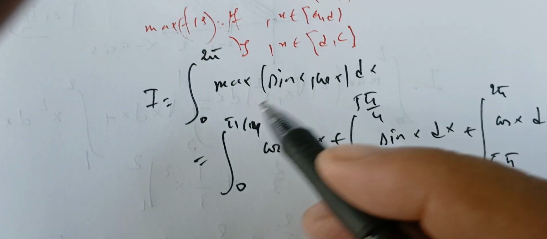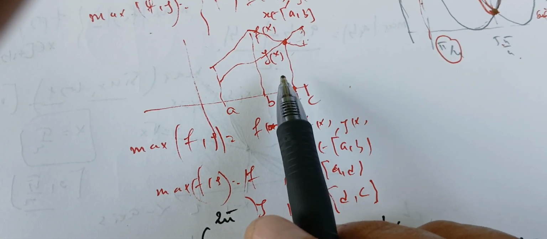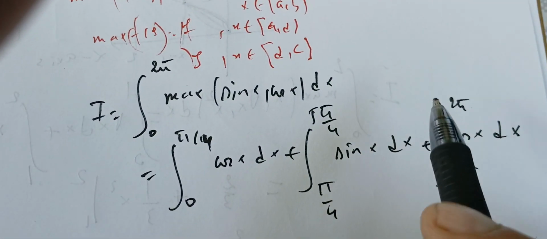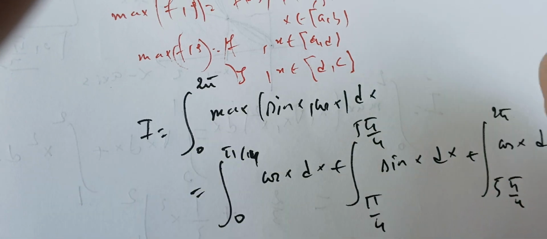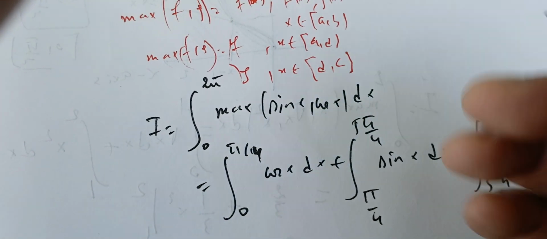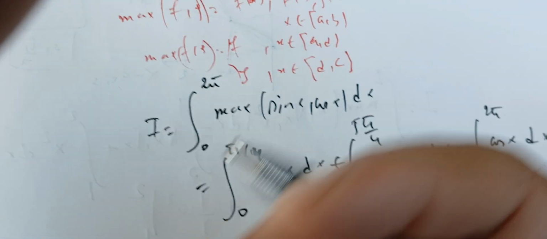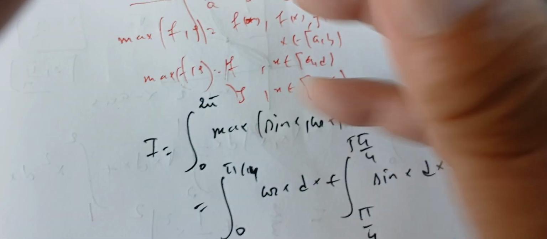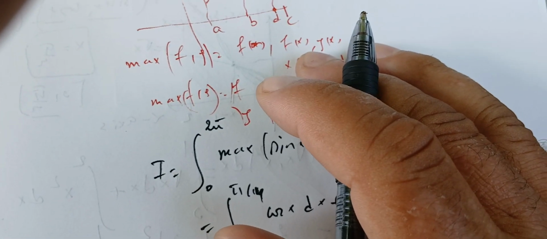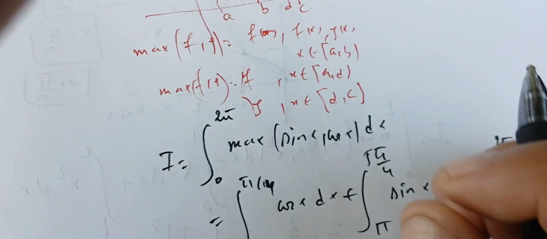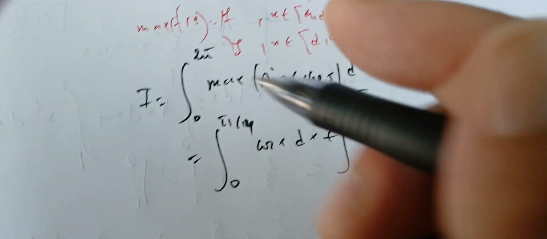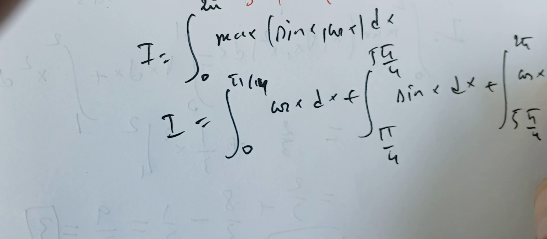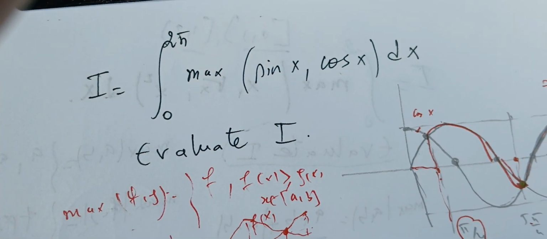Depending on the interval, which function is greater than the other. We don't give the rigorous definition of the maximum, but for us it's which one is on top of the other. We assume that all the conditions of existence are satisfied in our case. So my integral is this one here, and this is something that I know how to evaluate.